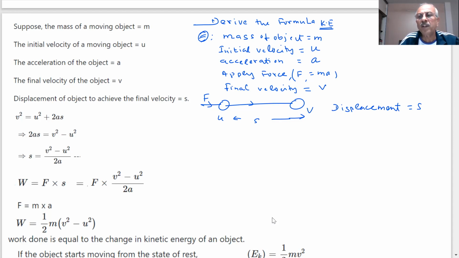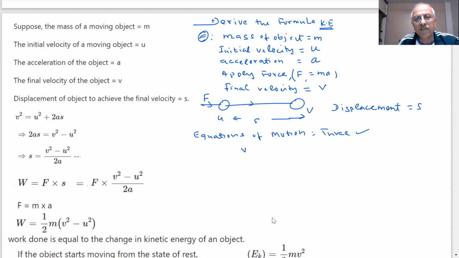You are aware of the equations of motion? Yes, sir. How many equations of motion did we study, student? 3. We are aware of the 3 equations of motion from the chapter on motion. There can be no motion without a force.